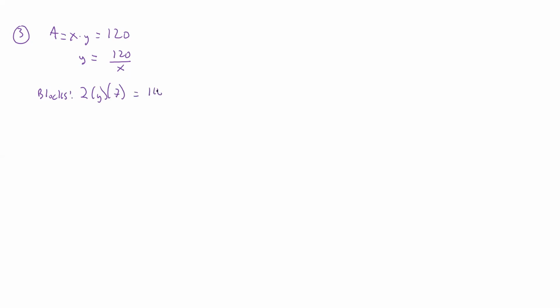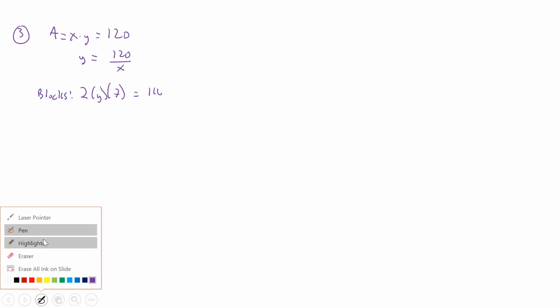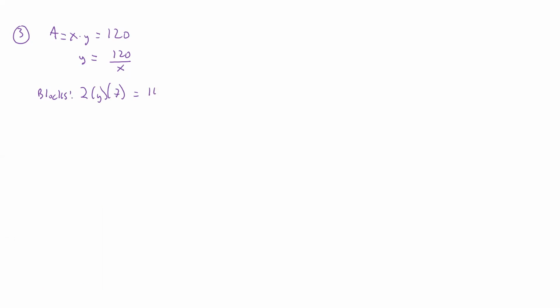Well, that's 14y. Okay. Well, we just said that this is what y was equal to, so let's go ahead and substitute that in. That's 14 times 120 over x. Okay. So let's leave it with that. That way we don't have to multiply or do anything. We'll just leave it at that for now.